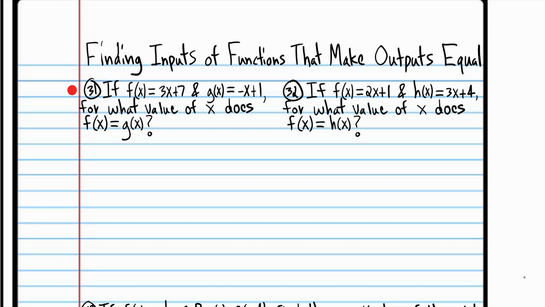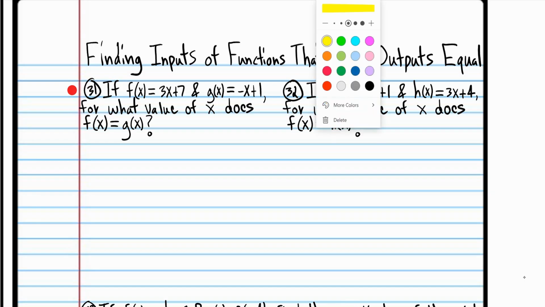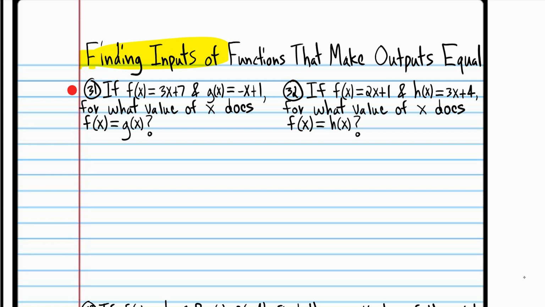And so it may not seem like it, but your unconscious mind is becoming more comfortable with the function notation. And that's why we did so many problems. We also did those problems because, again, we're reviewing a lot of the math that we did in previous courses. So now we're going to find inputs of functions that make equal outputs.